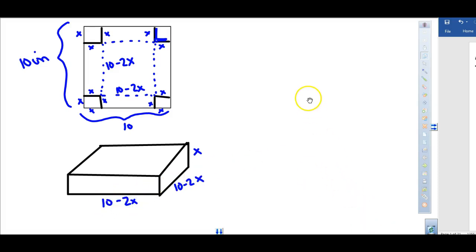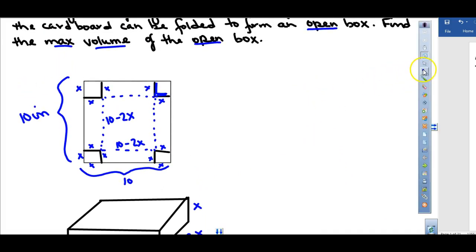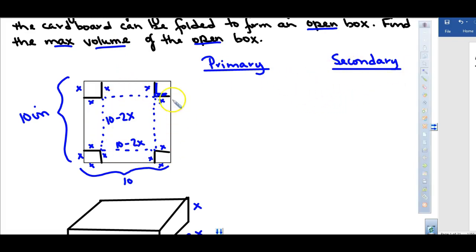And you did problems like this back in Math 3 and in Pre-Cal as well. But with calculus, we do it with what we refer to as a primary and a secondary equation. The primary equation is the one that we are going to differentiate in order to find the maximum volume. Our secondary starts with what we know.